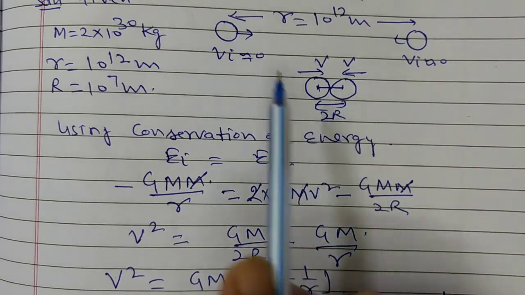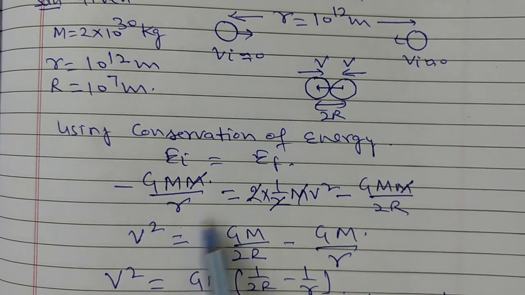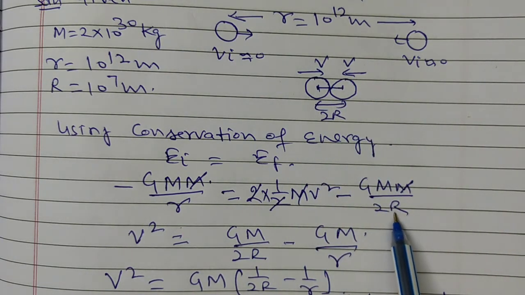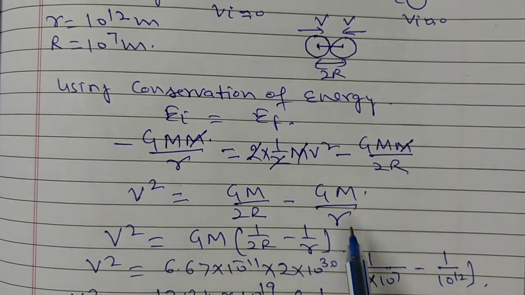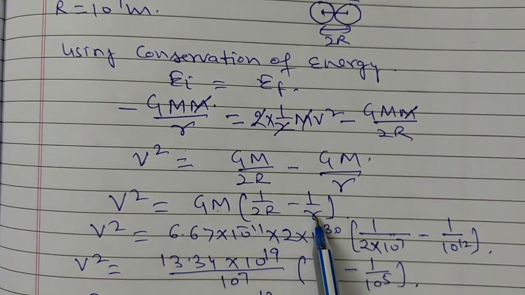Initial energy is G m m upon r, right, is equal to the kinetic energy plus gravitational potential energy. Then this m is cancelled on solving. This v square is G m upon 2r minus G m upon r. G m is common, take outside. This 1 upon 2r minus 1 upon r.